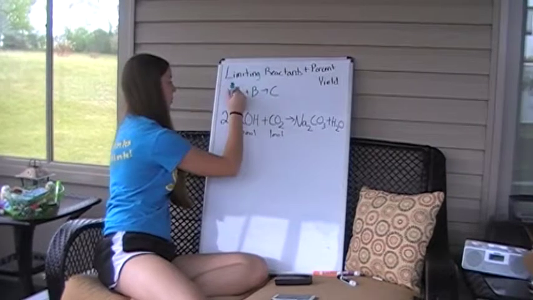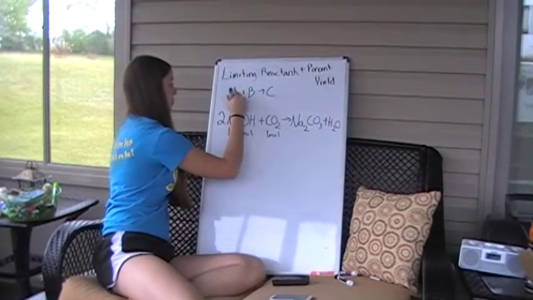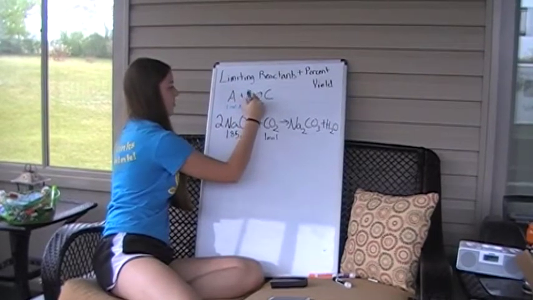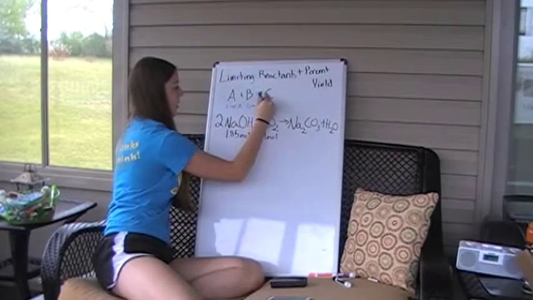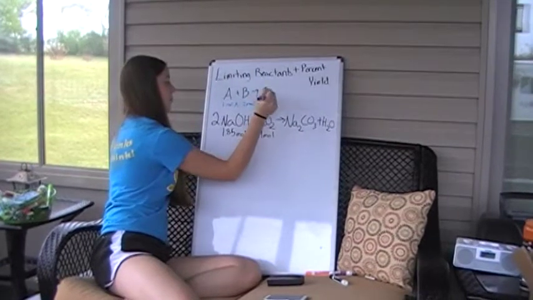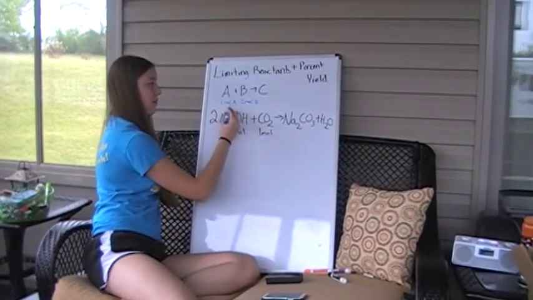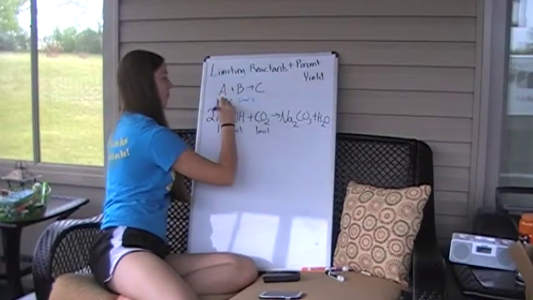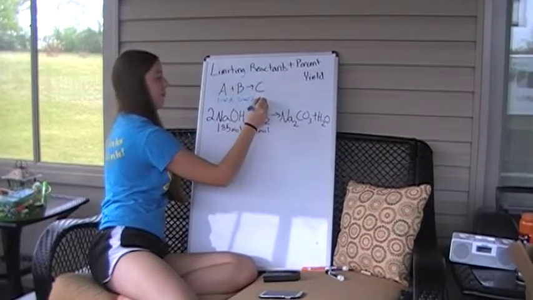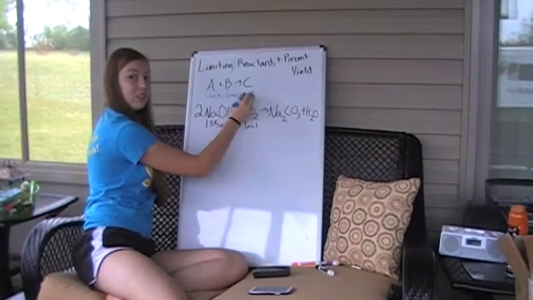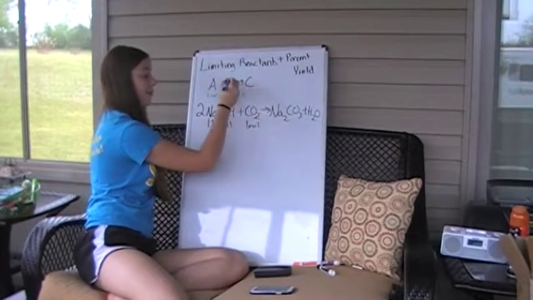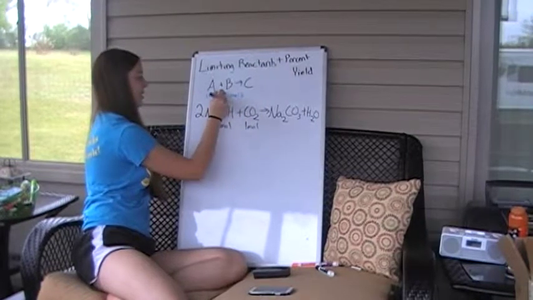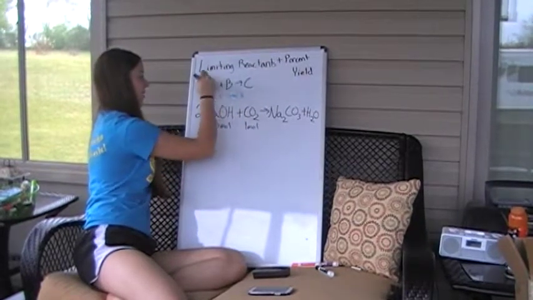So for example, if we had 1 mole of A and 2 moles of B, we can then transfer moles of A to moles of C, which would be 1 mole of C from A, but B could make 2 moles of C, since they're all 1-to-1 ratios. So that means our limiting reactant in this one would be A.